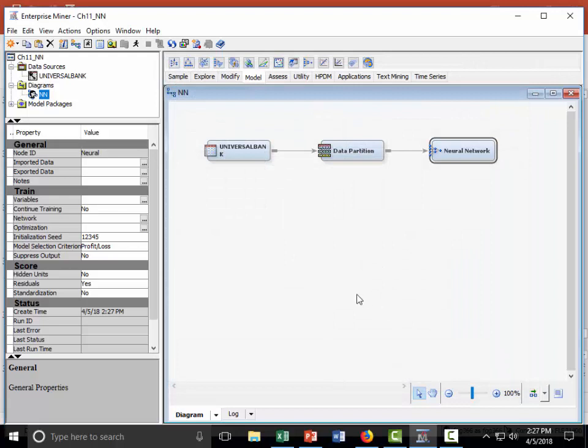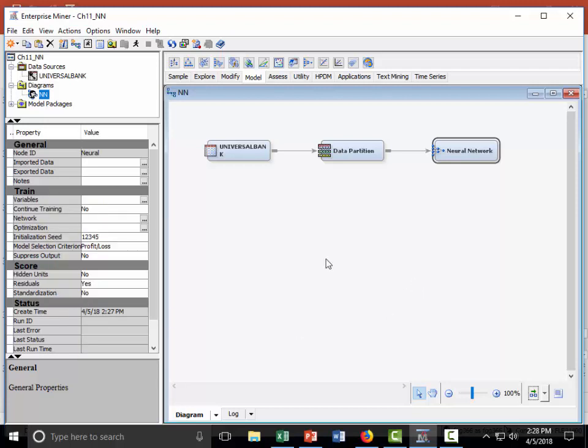Okay. So there are two properties that are important here. Okay. So one is network, the other is optimization. So these are the two that we'll have to look at and examine.